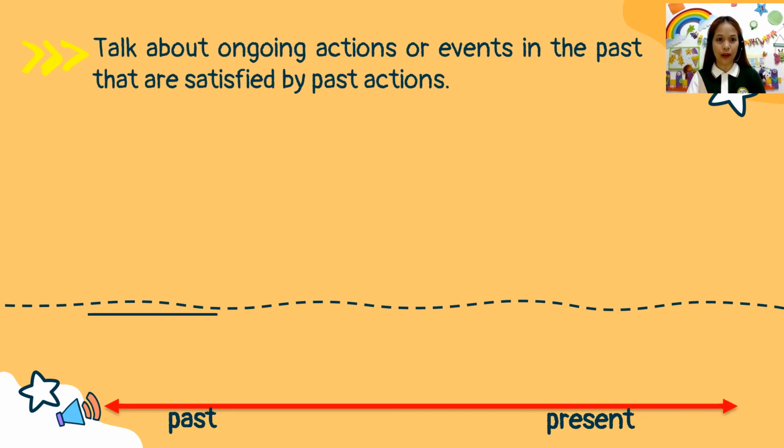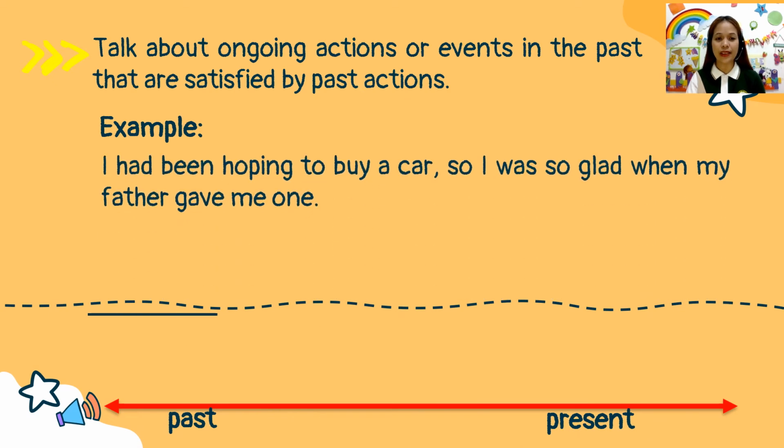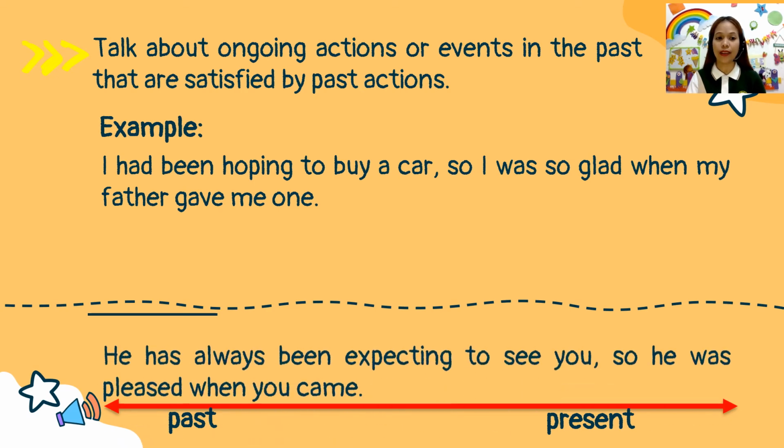Okay, let's talk about the next one. This is to talk about ongoing actions or events in the past that are satisfied by past actions. First is, I had been hoping to buy a car, so I was glad when my father gave me one.